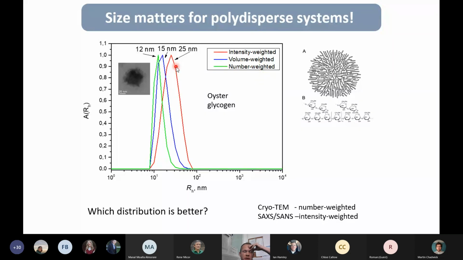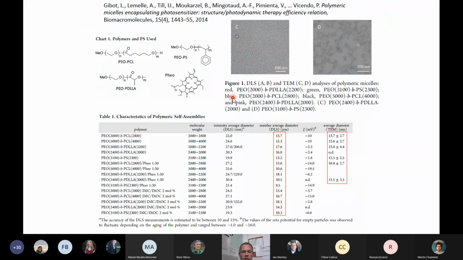In dynamic light scattering, the first value that you have is based on scattered intensity. The biggest particles scatter the most, so they are the most represented in this distribution, whereas transmission electron microscopy is based on a number weighted distribution.